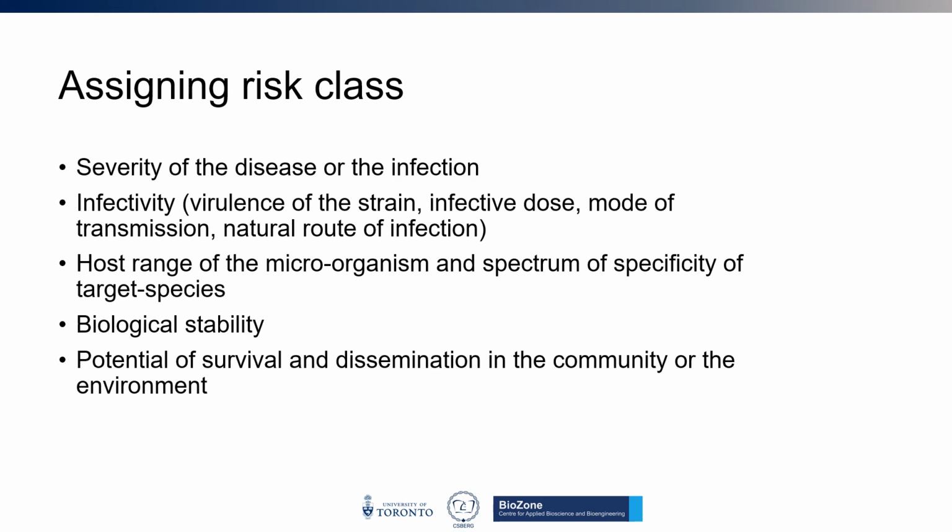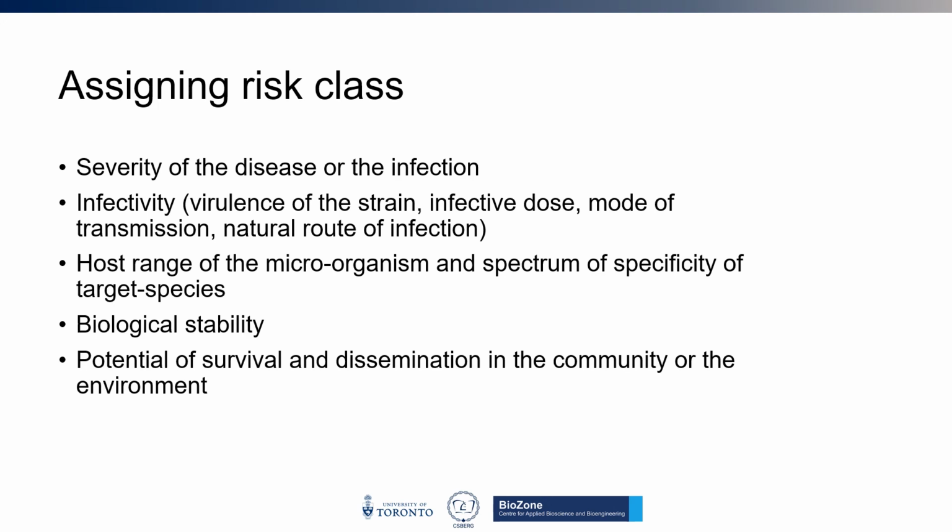What is the severity of the disease or infection that you may have as a result of an engineered microorganism? What's the virulence, the infectivity of a particular strain? What are the modes of transmission? How big of a dose do you require to be infected, and what are the routes of infection?